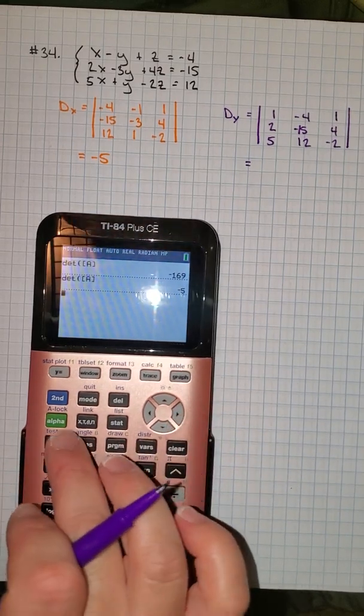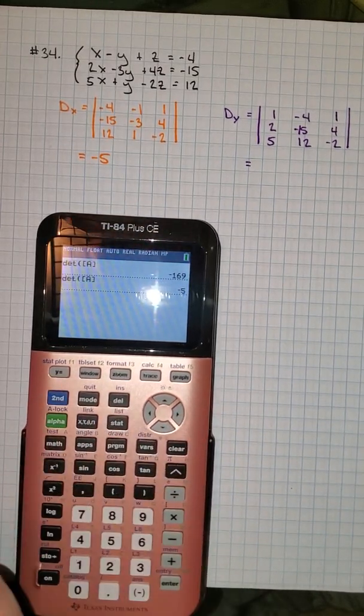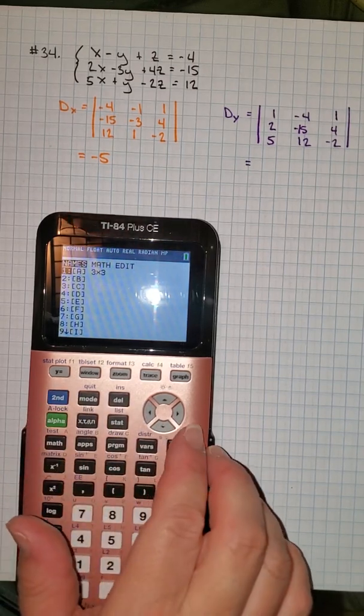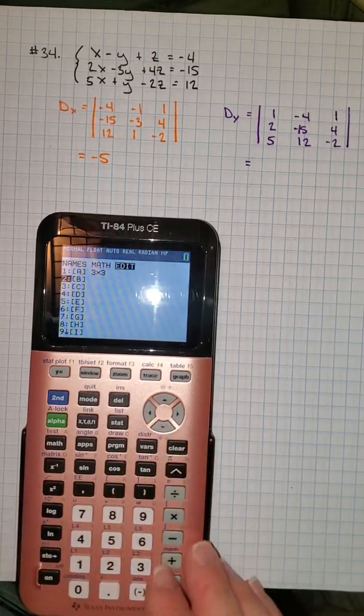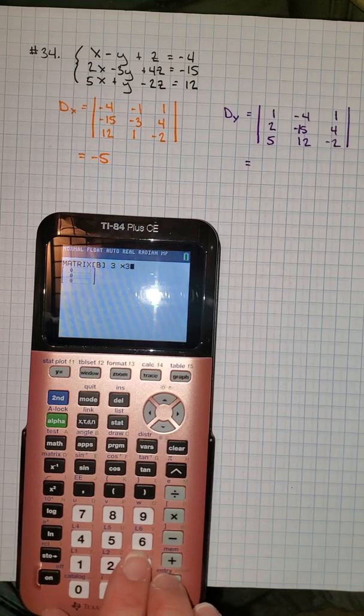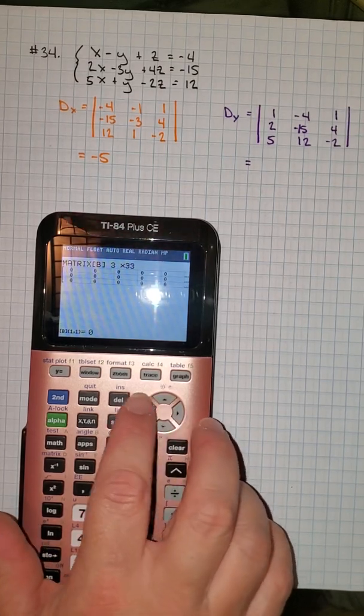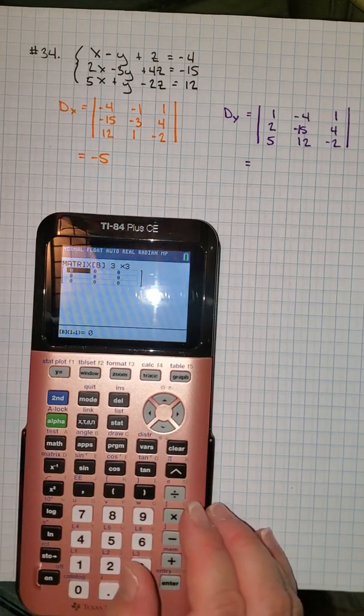Okay, so I'm going to make this matrix B. So edit, but I'm going to edit, make it B. Oops, not 3 by 3 of 33. That would take a while.